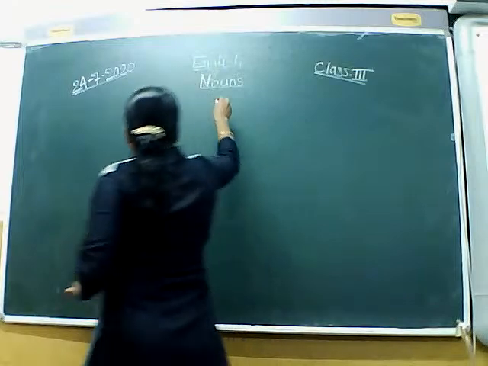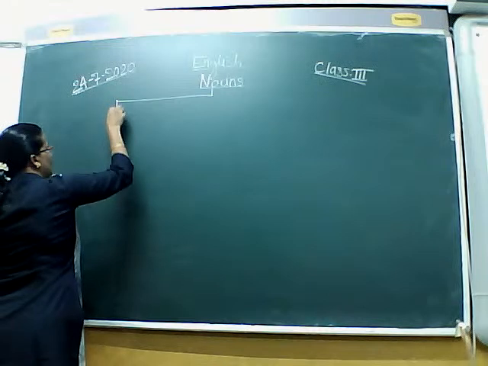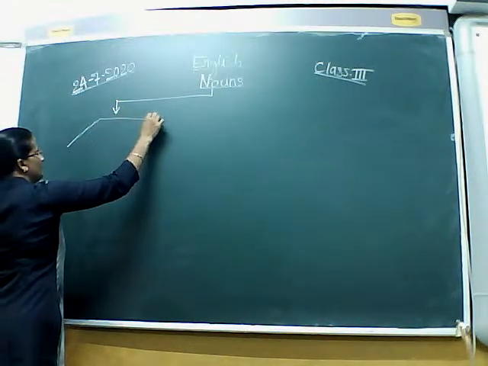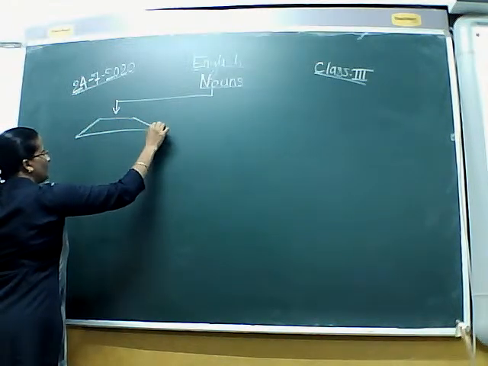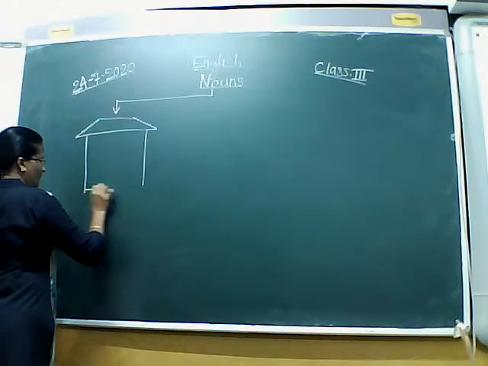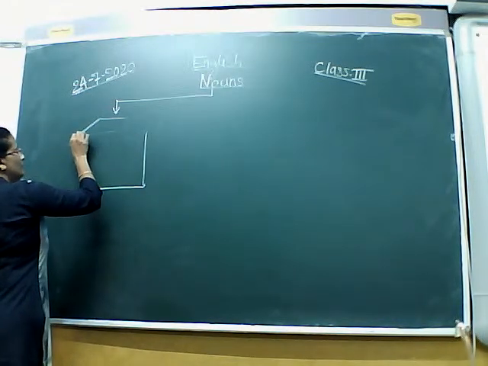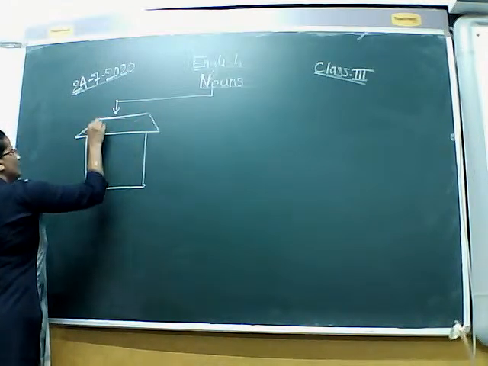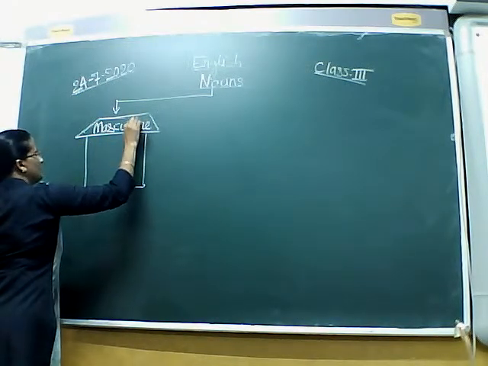Okay. Today we are going to divide the nouns into 4 categories. The first category is, we are going to make small houses. The first house belongs to masculine.